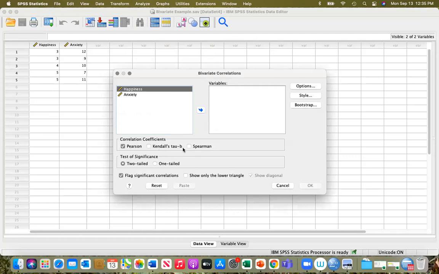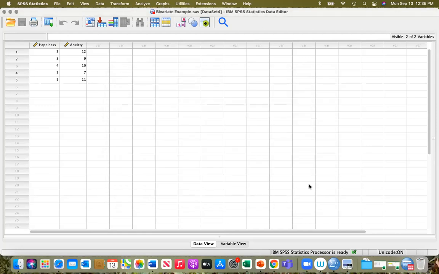Pearson and Spearman are ones that I'm familiar with. But Pearson, of course, you would use with continuous data, such as interval or ratio data. Spearman would be used if you had ordinal data. So let's leave it at Pearson because that's what we're going to use. Two-tailed test, we're just going to use what we looked up in the book. Basically, we move both variables over to the next box, and we hit OK.